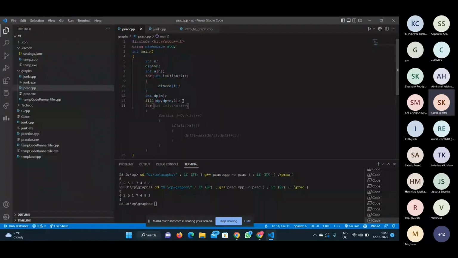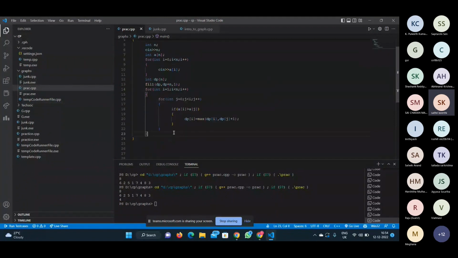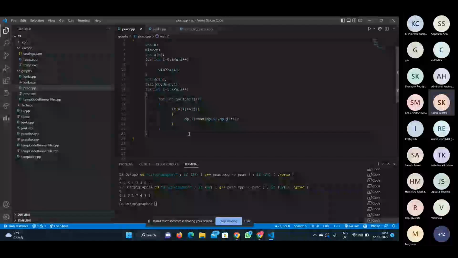This is the base case. For I equal to 1 to n and j equal to 0 to I, we are checking if A of I is greater than A of j. And if it is greater, we are updating the value of dp of I only if it is greater than the previous value we had, so that we only get the maximum value at the end of the loop.